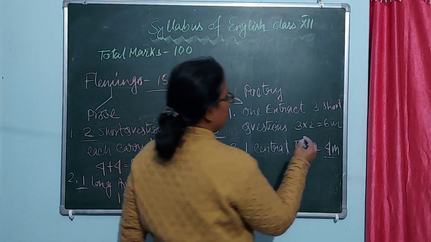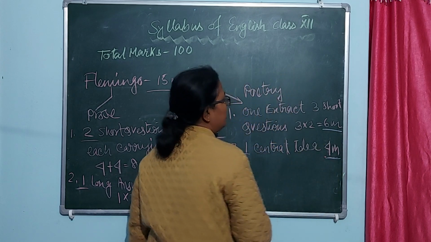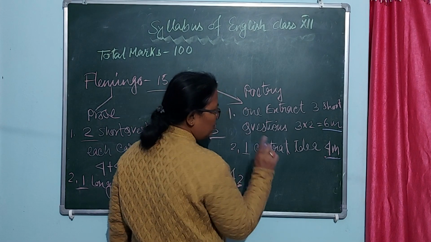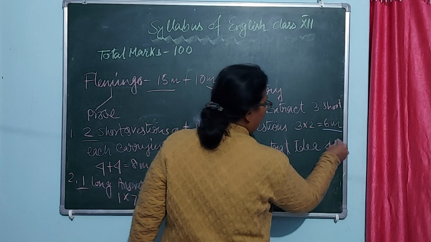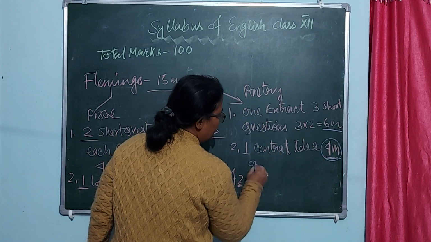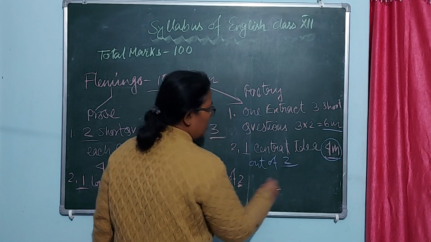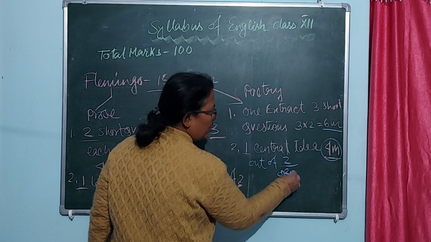So 6 plus 4, 10 marks. Now, one thing happens here: 2 central ideas will be there, with an option. 1 central idea you have to attempt out of 2. Or, with the central idea, there is an or question.